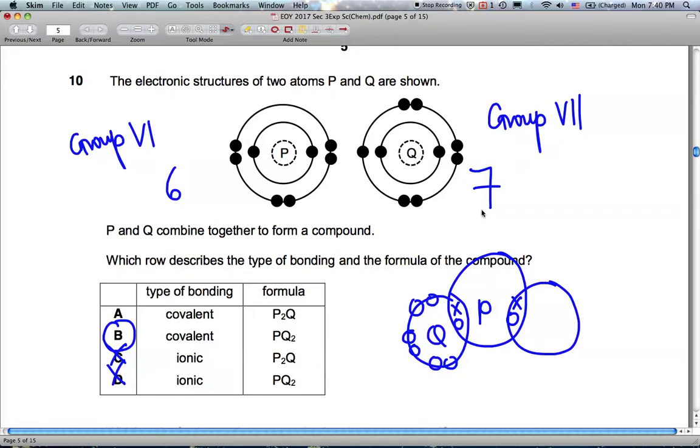It is missing 1, so it will use 1 to share. And then similarly on the other side. For P, it uses 2 electrons to share. How many left? 1, 2, 3, 4. 4 electrons left. And this gives us our answer. So the answer is PQ2. You notice that also for the outer shell in P, it has achieved the full valence shell.